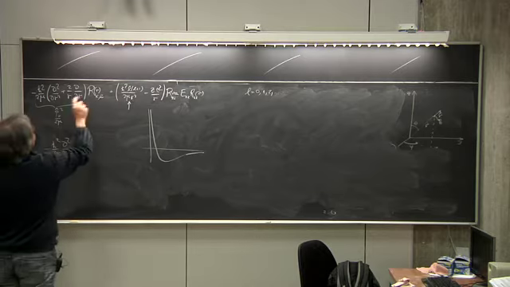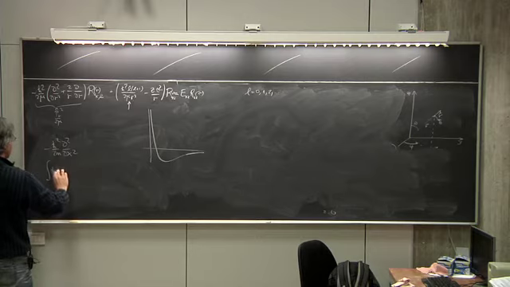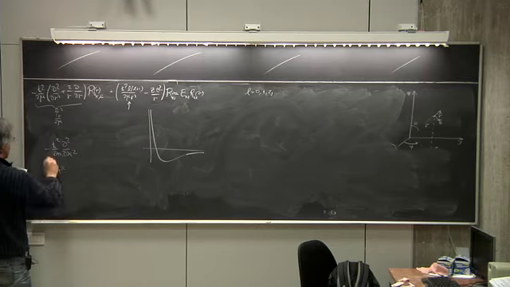Also, the radial function has to be normalized in the following way. Remember that you have an integral over r squared. Then I have an integral over theta and phi.